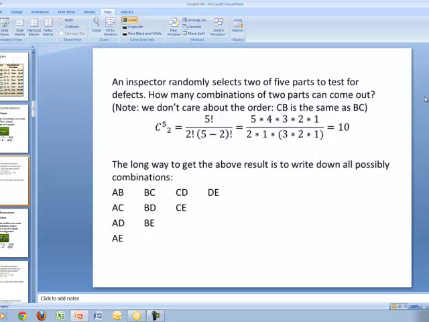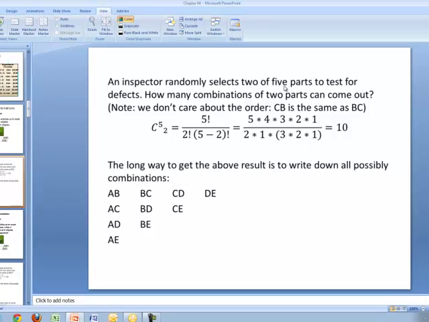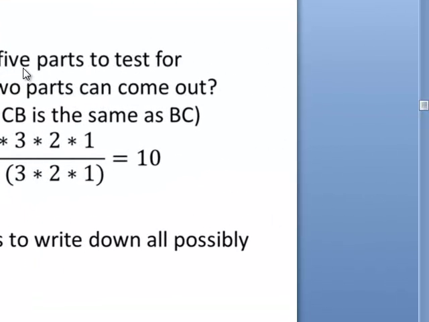So for instance here, if an inspector selects 2 of 5 parts, we are interested in seeing what pairs he could get, and if he gets first part C and then part B, that's the same as getting first part B and then part C.